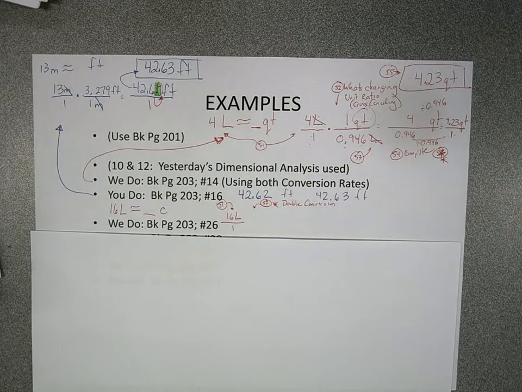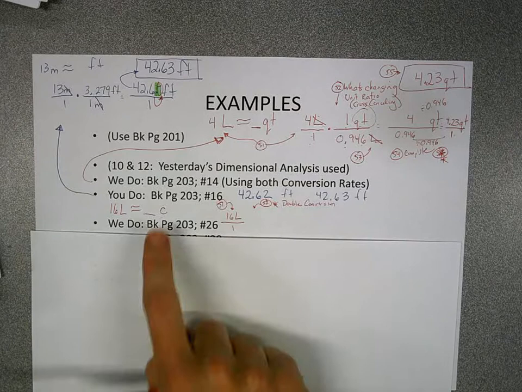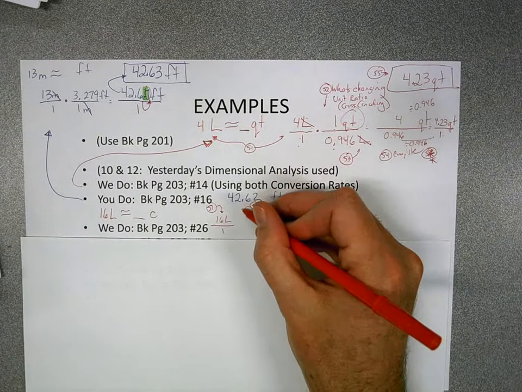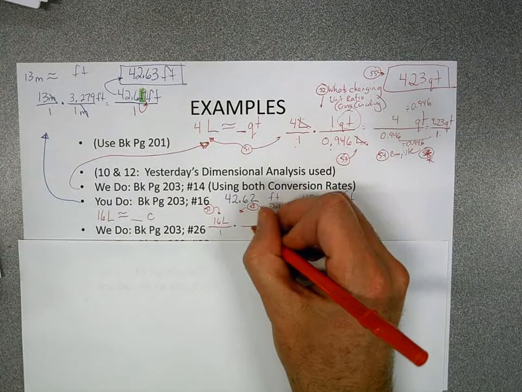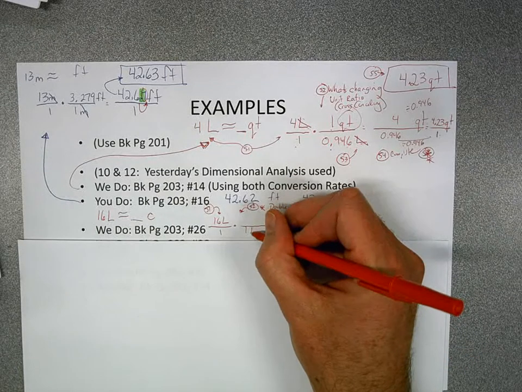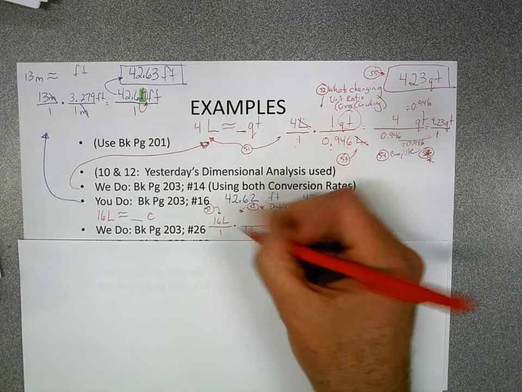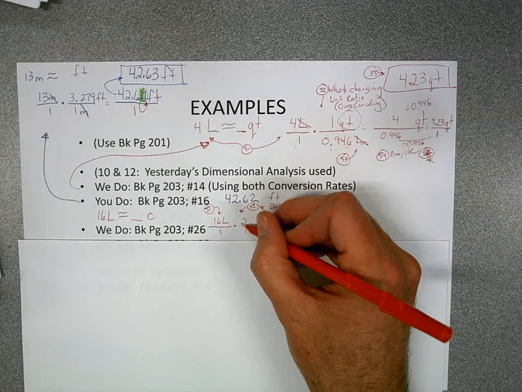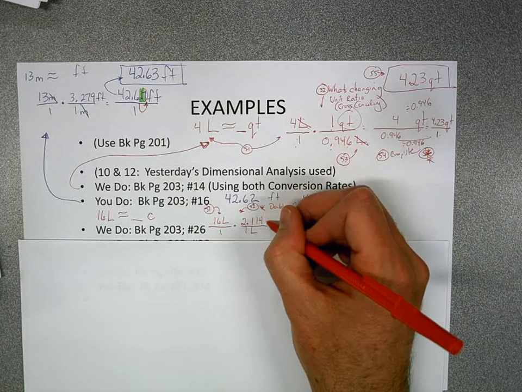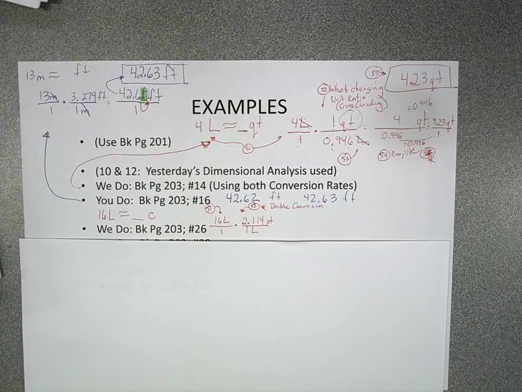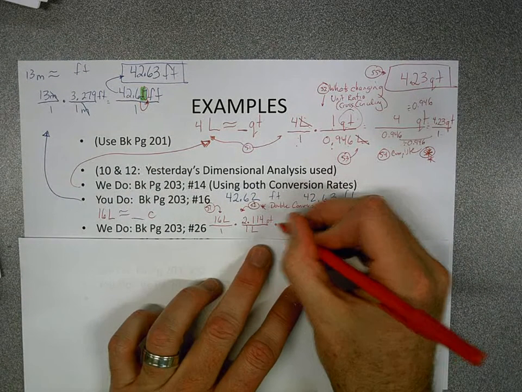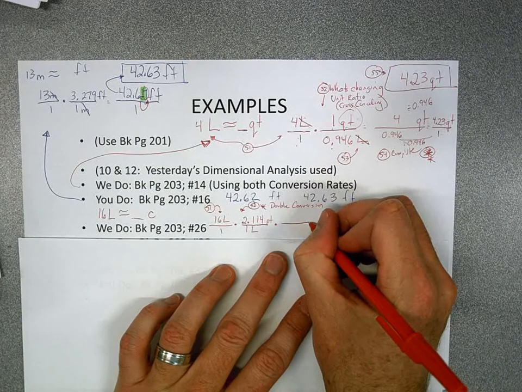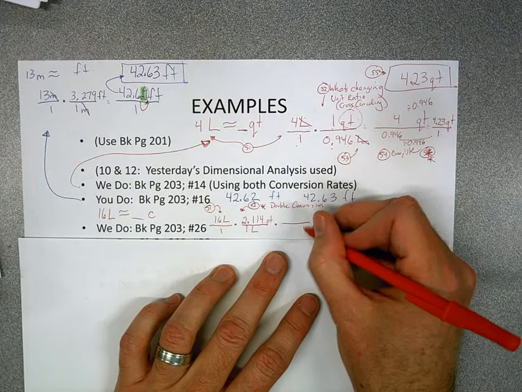Now, here's what I'm going to do. I'm going to use the liters and pints first. And you say, but Mr. Wilkins, we're going to cups. Well, wait. I'm going to go ahead and multiply it. So 1 liter, just like we did before. I have the 1 on the bottom, liters, where I can cross cancel. And looking at page 201, 2.114 pints. Now I'm then going to get rid of my pints by doing a second conversion of pints and cups.